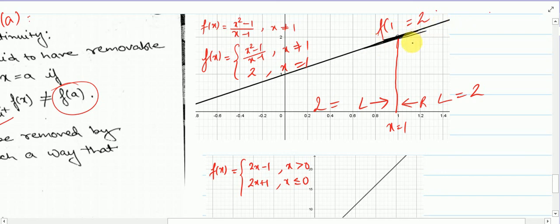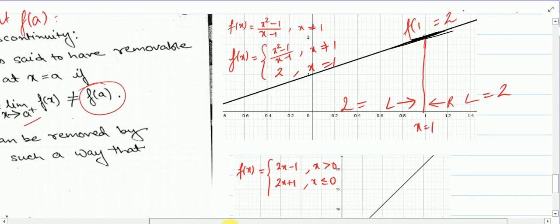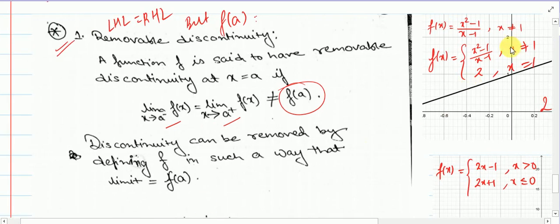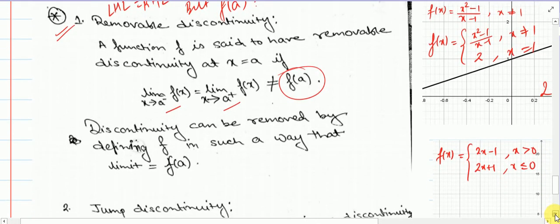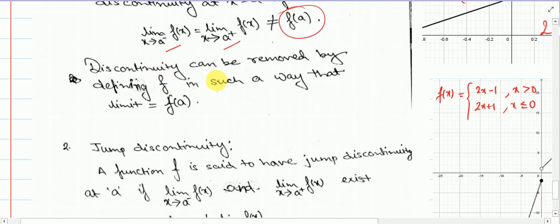Okay, so removal discontinuity is understood: if left hand limit and right hand limit are equal but f of a is different, or not defined, then we can have that. Clear? Discontinuity can be removed by defining f in such a way that limit equals f of a.